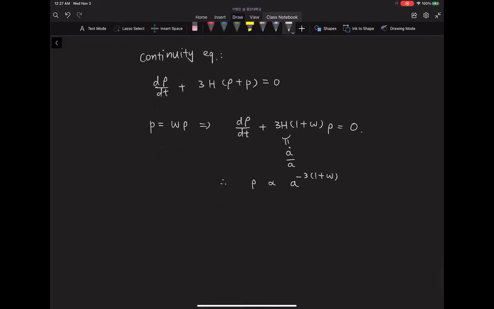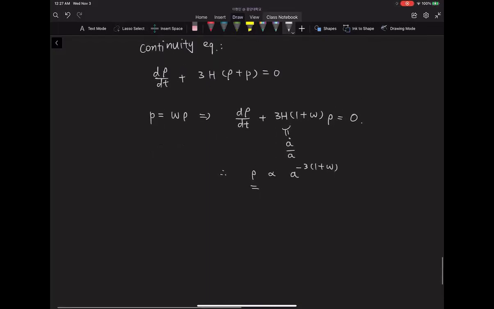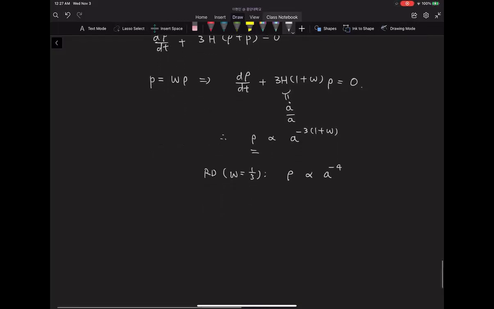Then the energy density scales as an inverse power of the scale factor. So for radiation domination, W equals 1/3, then the energy density scales as A to the -4, and for matter domination, W equals 0, the energy density scales as A to the -3.